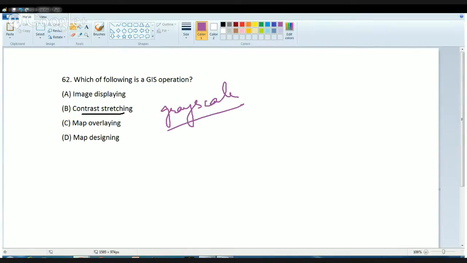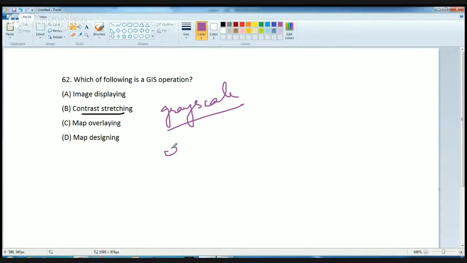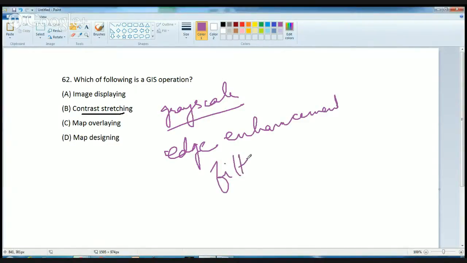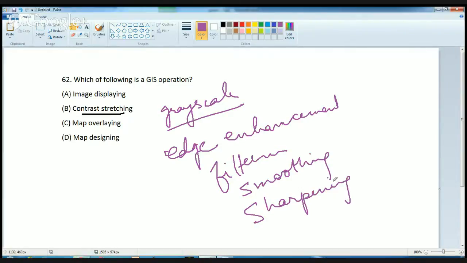Other techniques besides contrast stretching done in GIS include edge enhancement, filtering, smoothing, and sharpening. These are some of the methods that we use for GIS operations.